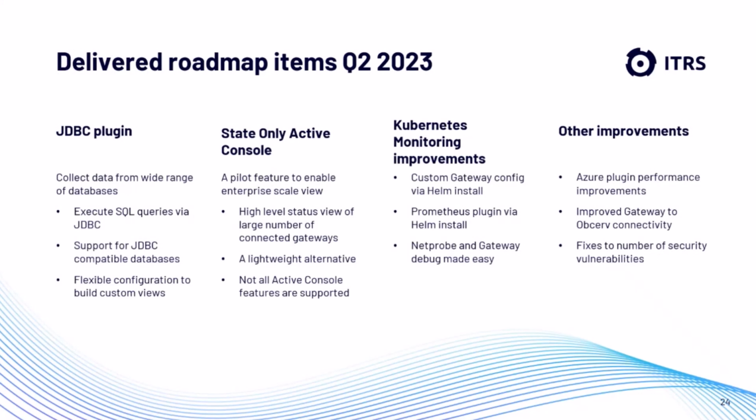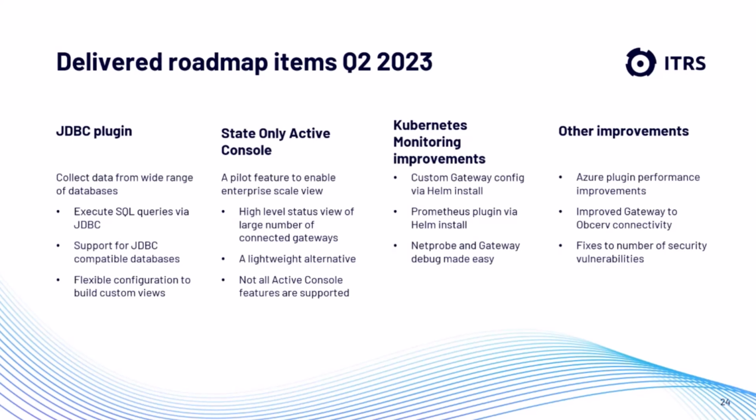The JDBC plugin and the JDBC connectivity to database has been one of the more popular requests over the years. So we are pleased to be able to now offer the new JDBC plugin to execute SQL queries via the JDBC API.